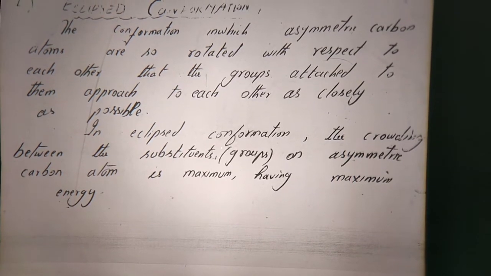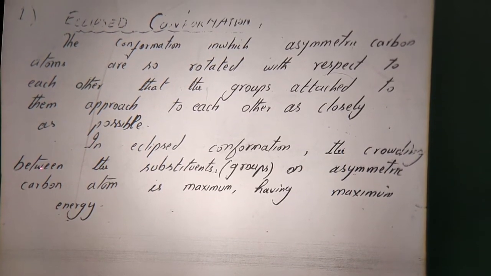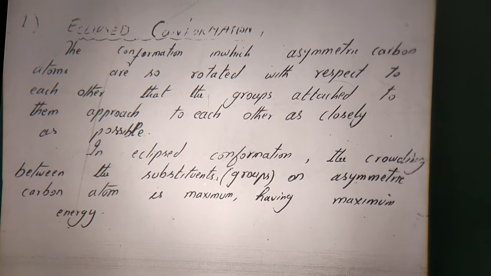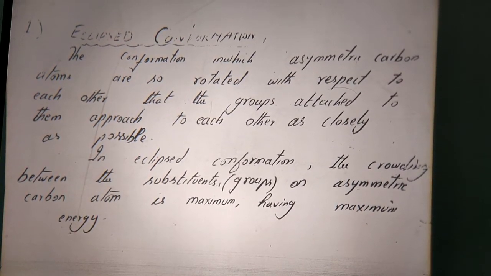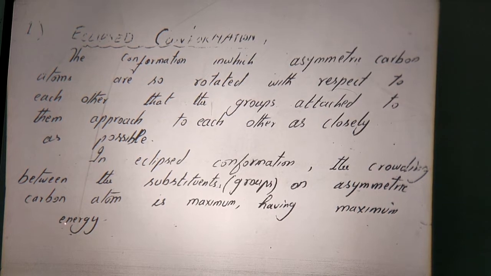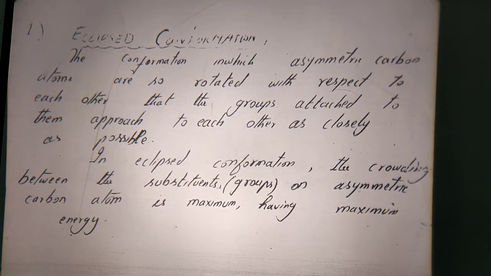In the eclipsed conformation, the crowding between the substituents or attached groups on the asymmetric carbon atoms is maximum, having maximum energy. Now you can see, look at it.